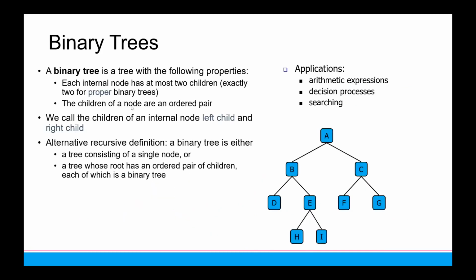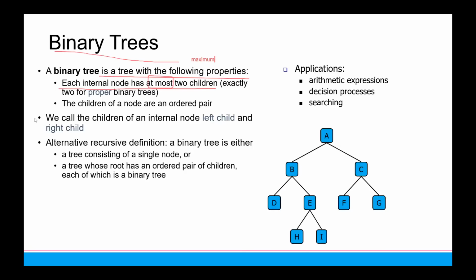Binary tree. We call binary tree a tree with the following properties. Its internal node has at most two children. At most means maximum. At most two children.